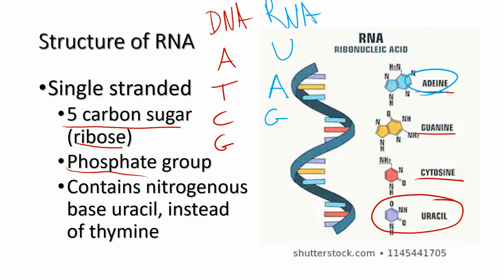C still pairs up with G, and G still pairs up with C. So we just have a slightly different pairing structure. Whereas if this was DNA, you would have a T, A, a G, and a C.